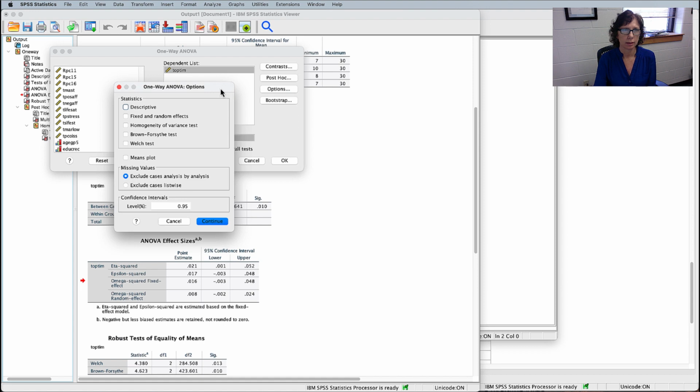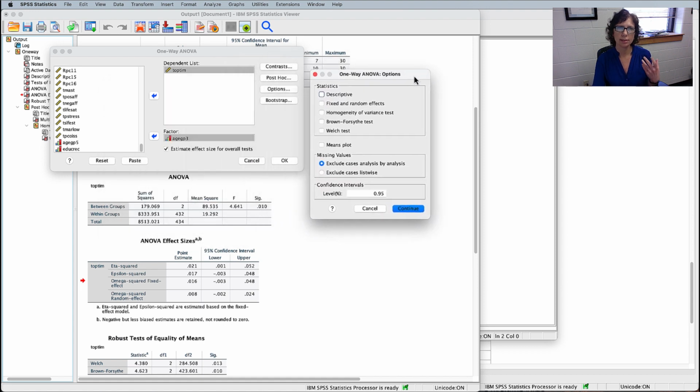Because it's the same One Way ANOVA, we're doing more or less the same outcome, the same categorical predictor. We don't need to do all these again. We know that the homogeneity of variance test was non-significant. We have the descriptives already, and we know we don't need to do Brown-Forsythe or Welch.